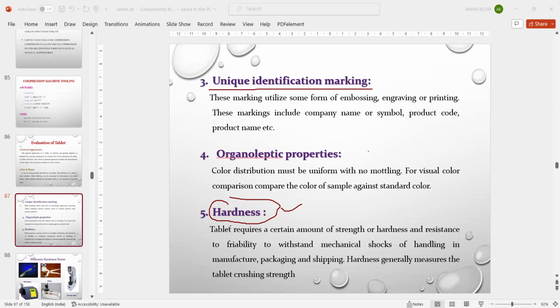Now, in case of hardness, what is the required hardness? Generally, what will be the hardness of a tablet taken by the oral route? What will be its hardness in terms of Newton force, or how much force is required to break that tablet?